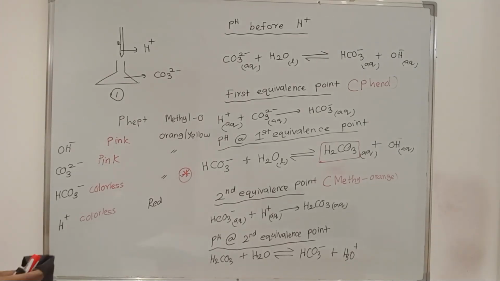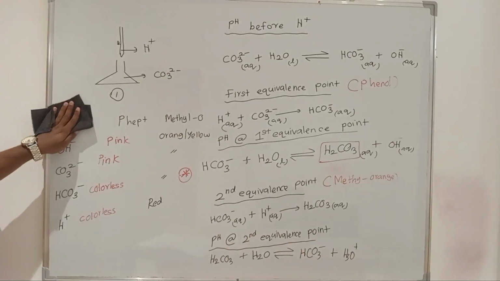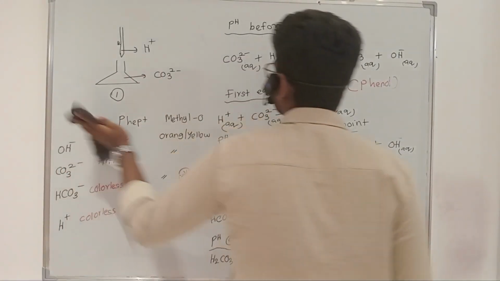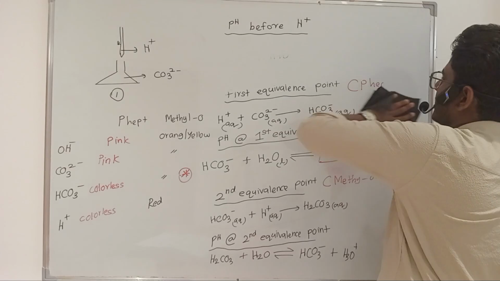I hope you all have done it. Now we will move into a question, so we will understand it more clearly. This is the basic idea that you must have.